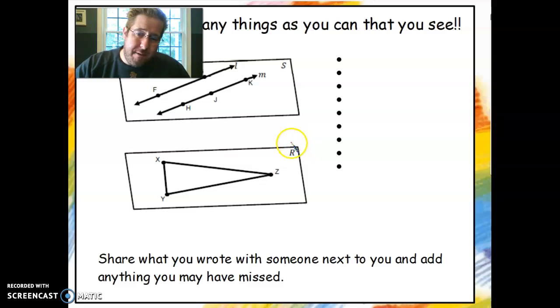Now, something I have not talked about in my last video is that the name of a plane, and I don't think this is the best example here, should be italicized. Now, I really can't do that very well. So something like that for plane R. So this is really just a capital letter. That's kind of a mistake. It should be an italic.